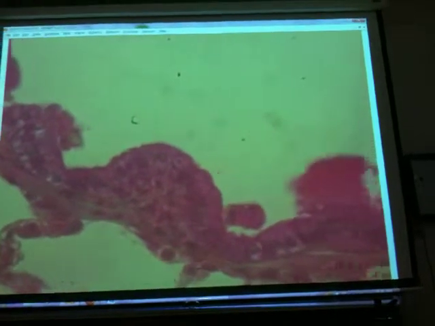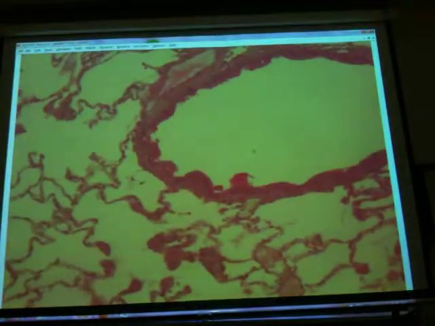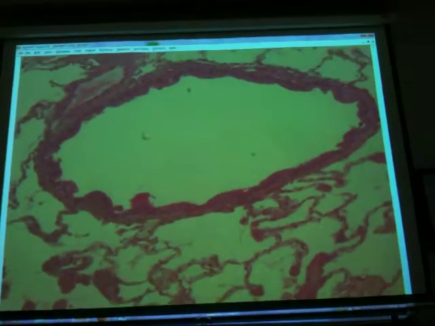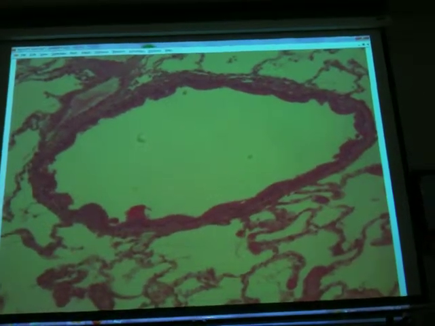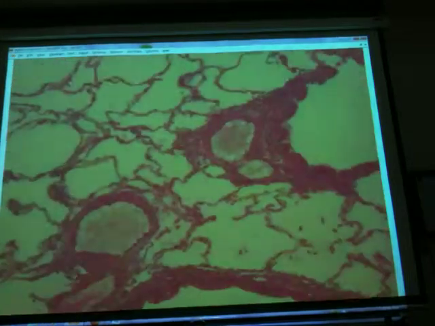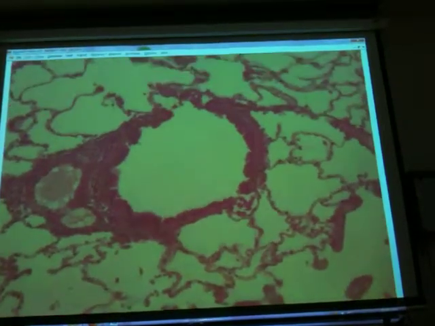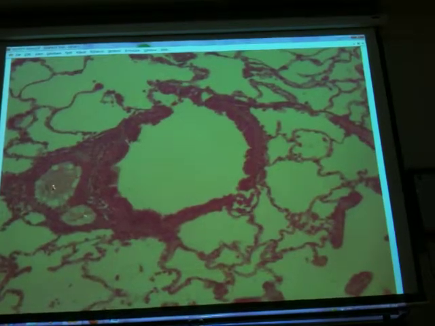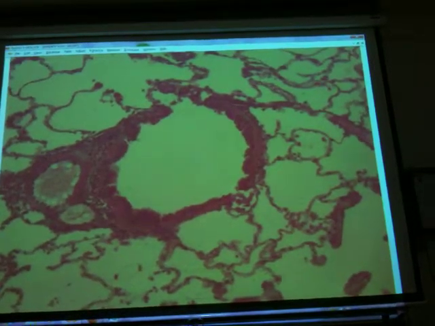This is a bronchiole. And this bronchiole is maybe larger than you expected. It's not a respiratory bronchiole. There is another bronchiole right here, and that's blood vessels again. We're going to look at those in a minute.